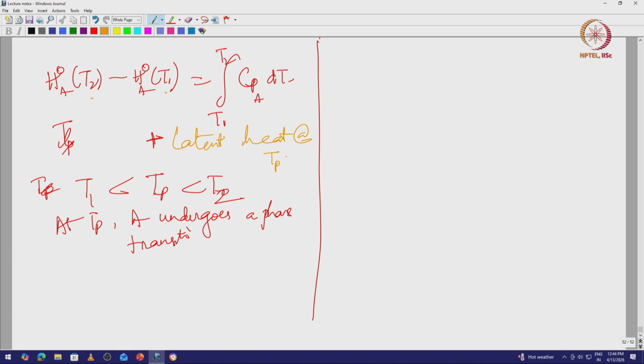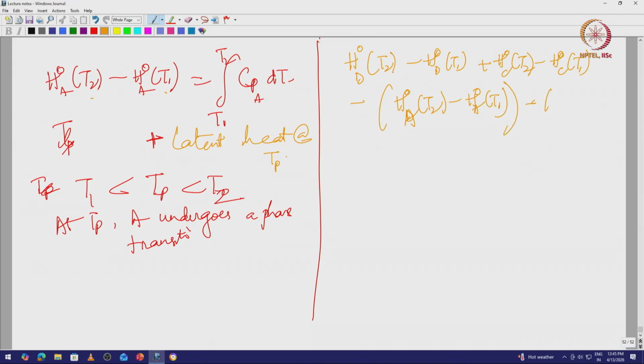So, now I have this entire thing: delta H naught of D at T2 minus H naught of D at T1, plus H naught of C at T2 minus H naught of C at T1, minus H naught of A at T2 minus H naught of A at T1, minus H naught of B at T2 minus H naught of B at T1.